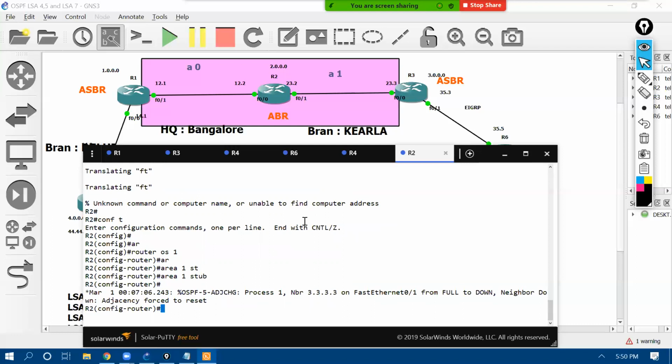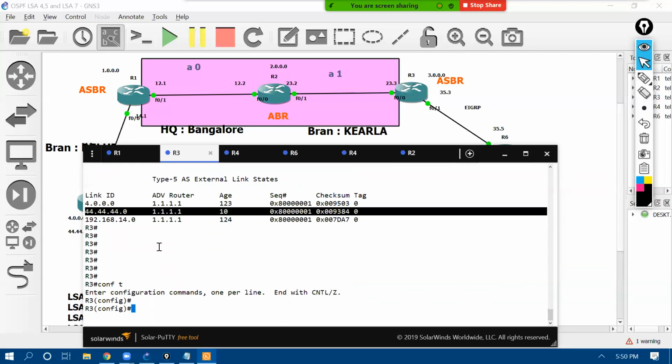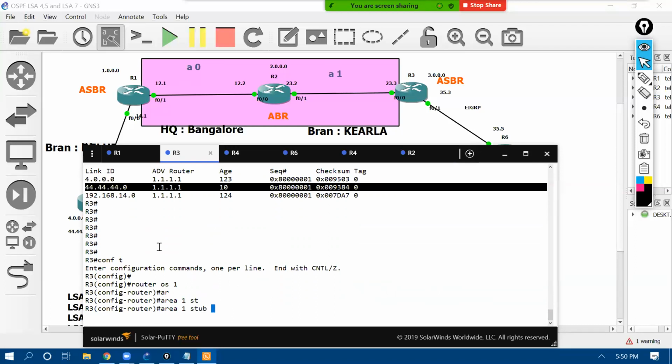The neighbor will be withdrawn, because R2 will send the OSPF E flag 0, and R3 will send the E flag 1, right? So the mismatch of the flags will break the neighborship down. So we need to configure all the routers that are present in the area. I need to configure R3 as well, router OSPF 1. If you have 50 routers in the area, you have to configure it on the 50 routers. Area 1 stub. Done.